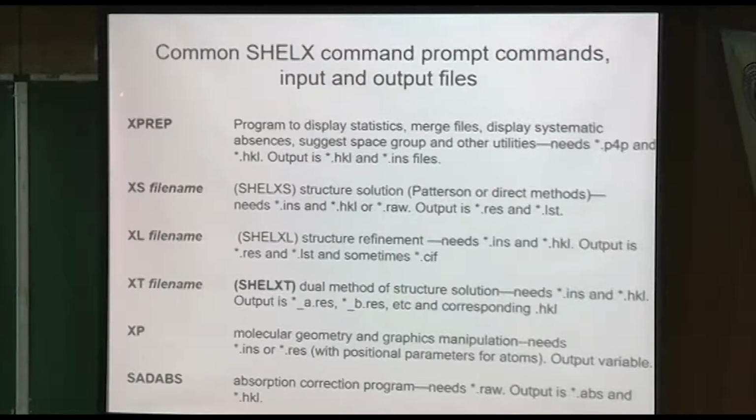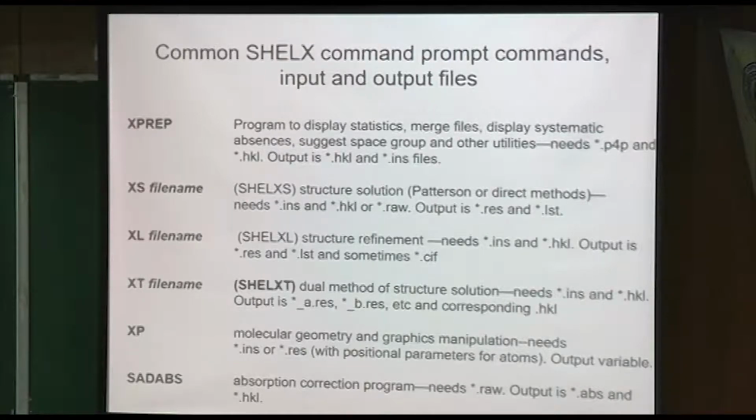At the beginning, XPrep, really, really nice program, which suggests the space group, gives you statistics, systematic absences. It actually has a whole pile of utilities that most people never even look at, because usually you just go return, return, return, return, and say, oh, okay, now I have my INS file and my HKL file, and I'm ready to go.